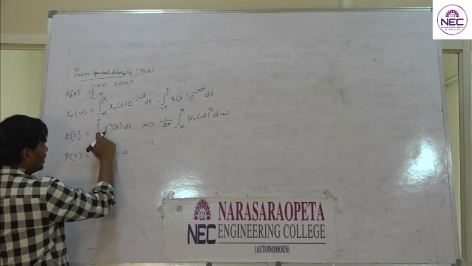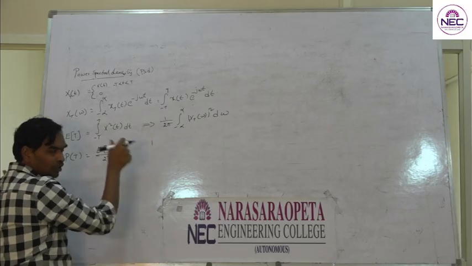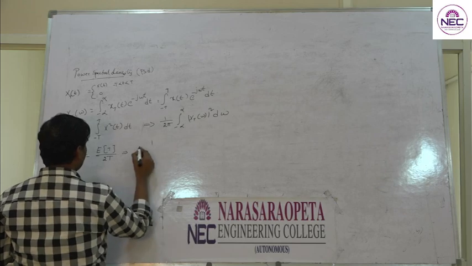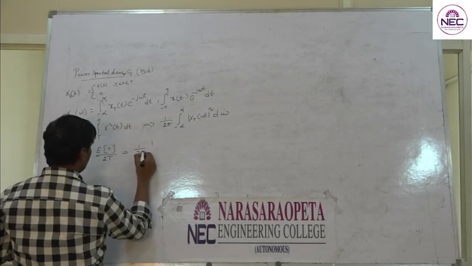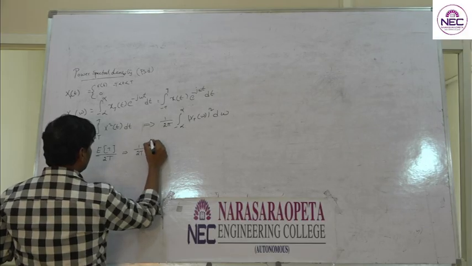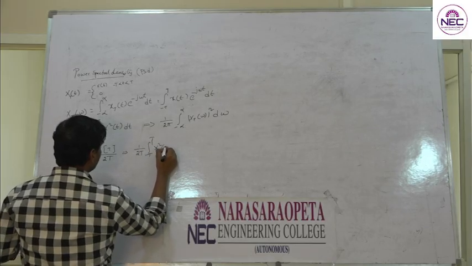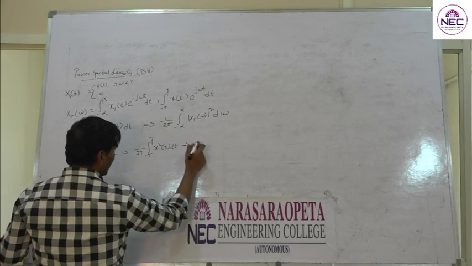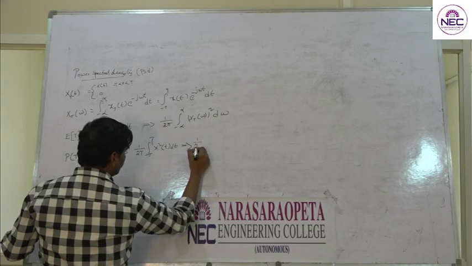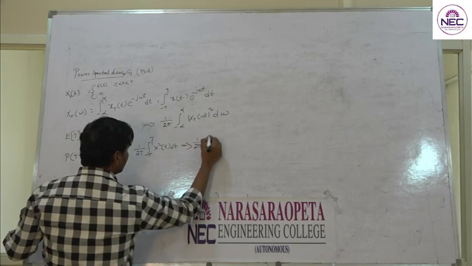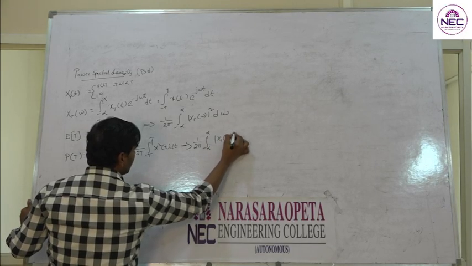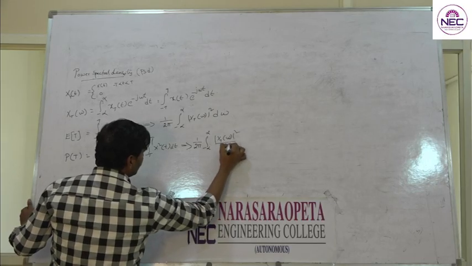So I am going to divide both expressions by 2t. The equation I get is 1 by 2t integral from minus t to t of x square of t dt, which can be represented as 1 by 2 pi integral from minus infinity to infinity of the magnitude of XT of omega whole square by 2t d omega.